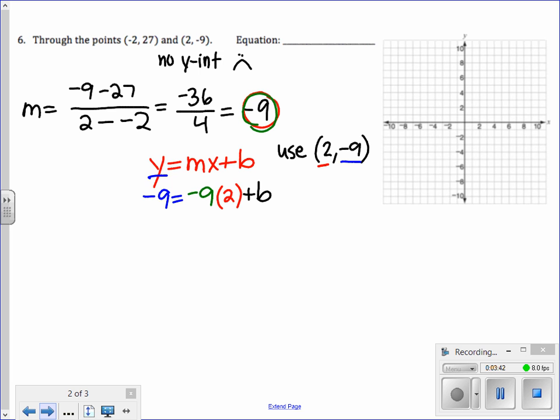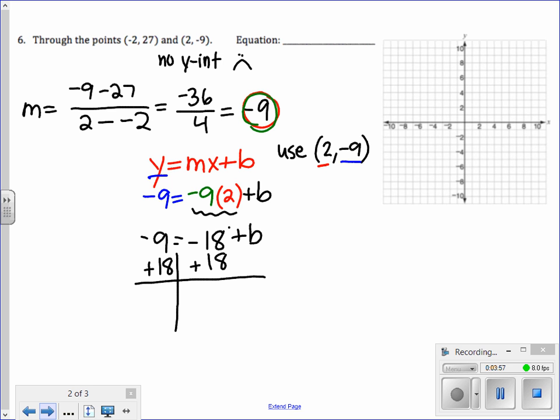I'm going to go ahead and multiply -9 times 2, which is -18, so that I can solve that equation for b. In order to get b by itself, I have to add 18 to both sides, and -9 plus 18 is +9. That's the y-intercept of my equation.